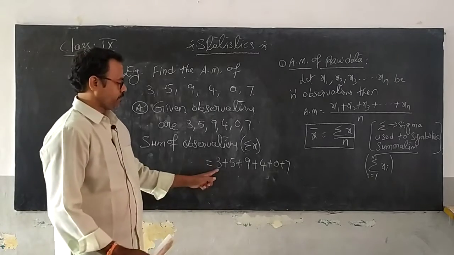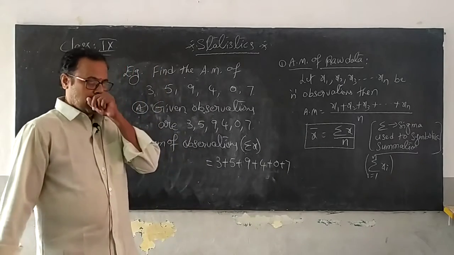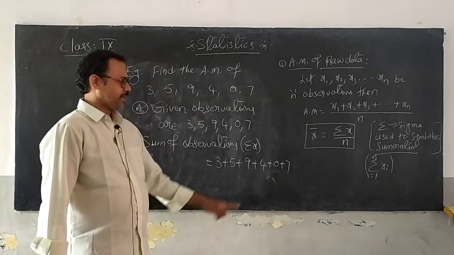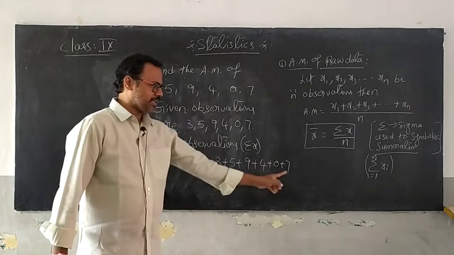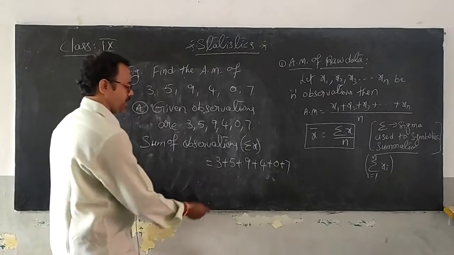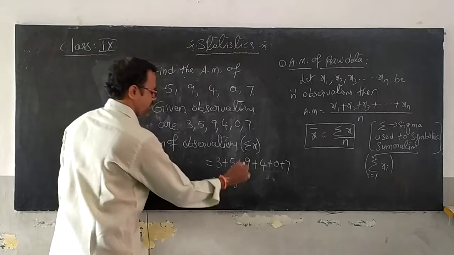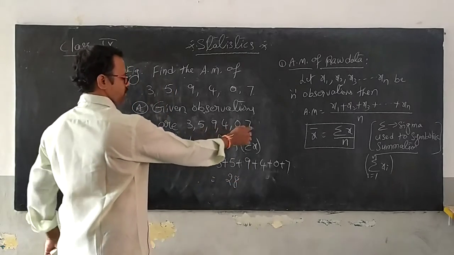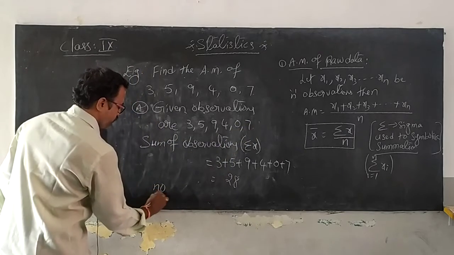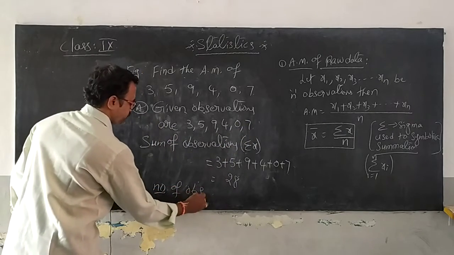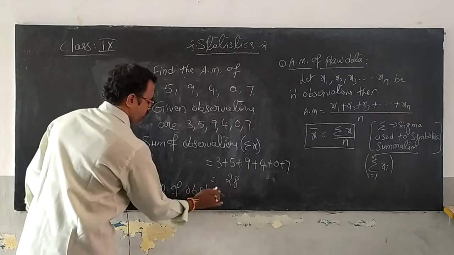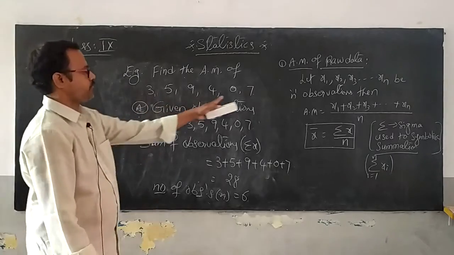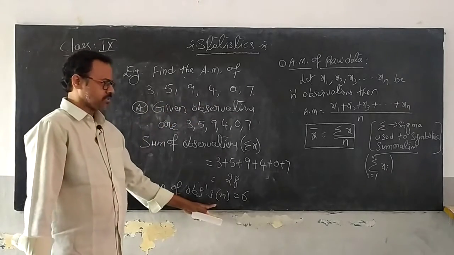How much do you get? 3 plus 7, that is 10. 5 plus 4, 9. 9 plus 9, 18. 18 and 10, you will get 28. So 28 is your sum. How many observations do you have? 1, 2, 3, 4, 5, 6. So number of observations n is equal to 6.